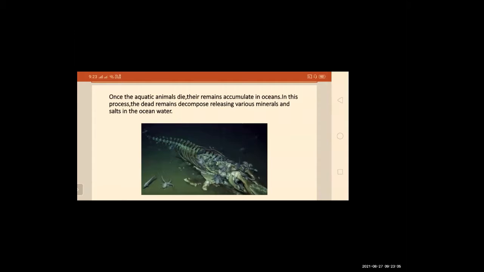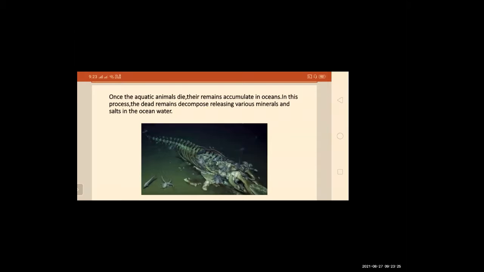If the aquatic animal dies, their remains accumulate in oceans. And in this process, the dead remains decompose, releasing various minerals and salts in the ocean water. The same process of decomposition is happening again over here.